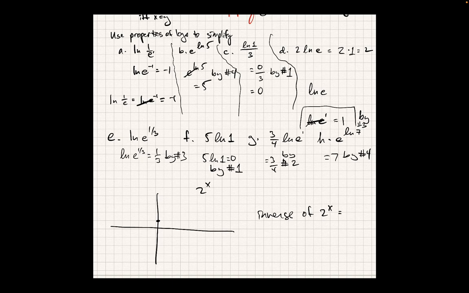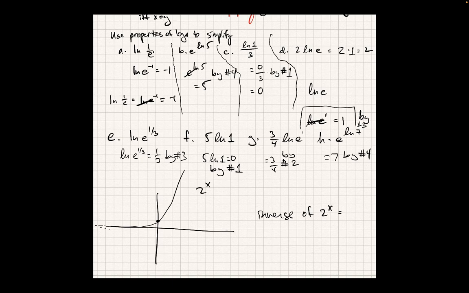What is the horizontal asymptote of 2 to the x? y equals 0, right? So it's very small leading up to 0, and then it passes through 0, 1, and then what does it do after that?